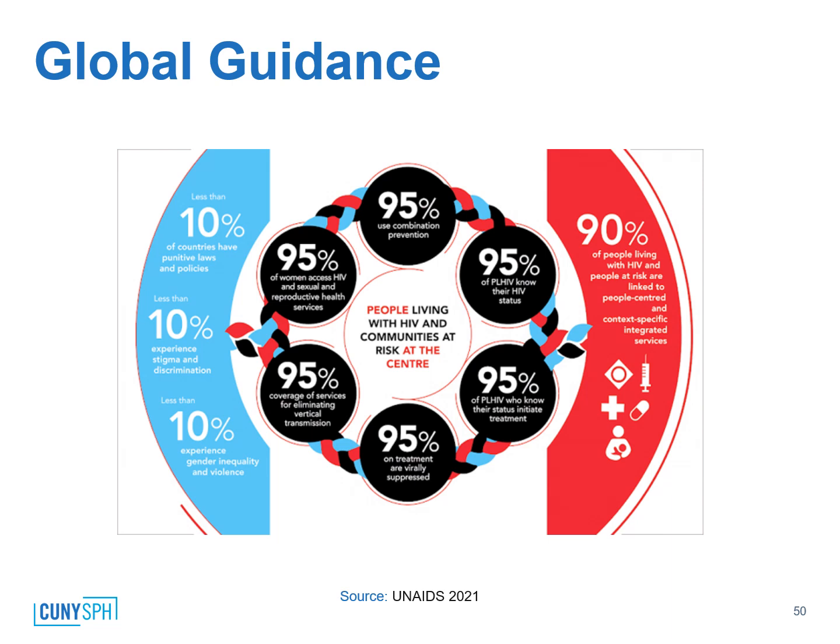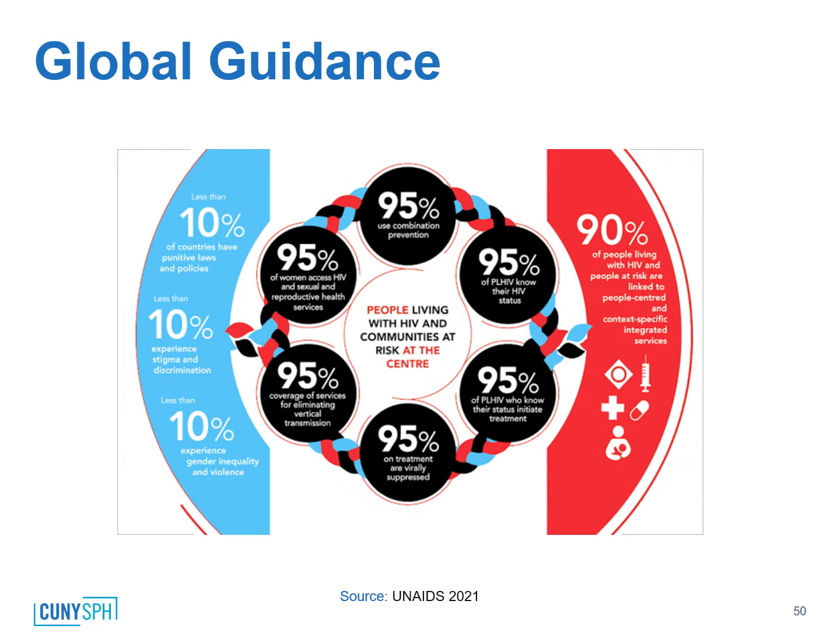Again, that 95% of people living with HIV know their status, 95% of those who know their status initiate treatment, 95% of those on treatment achieve viral suppression, and 95% of women should have access to HIV and reproductive health services. 95% coverage of services should eliminate vertical transmission of HIV from mother to child. And 95% of people at risk should have access to combination preventive strategies.